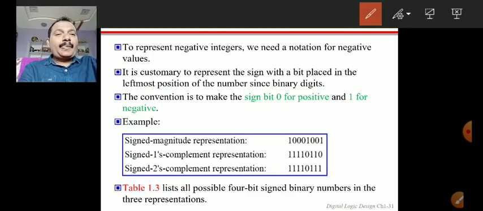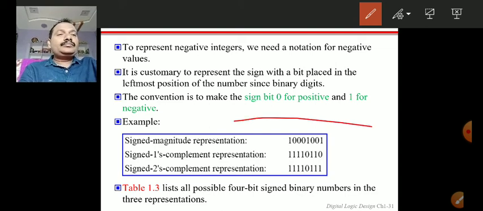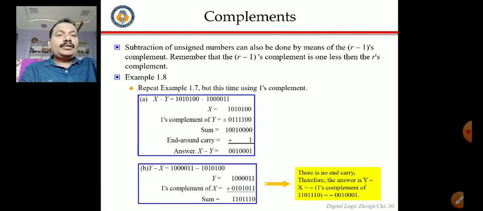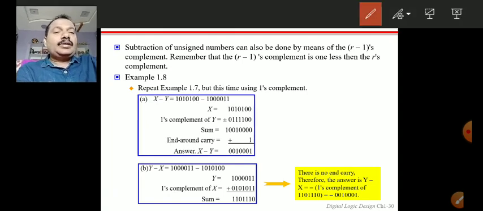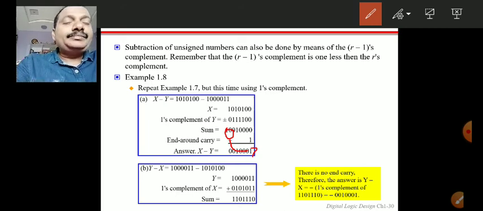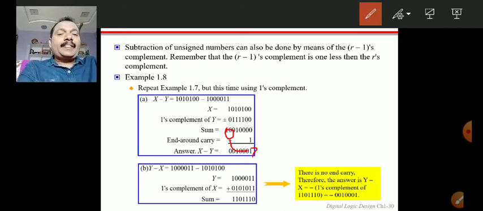That means if the carry is generated at this final position, then only you have to add that carry here, to get the final result.